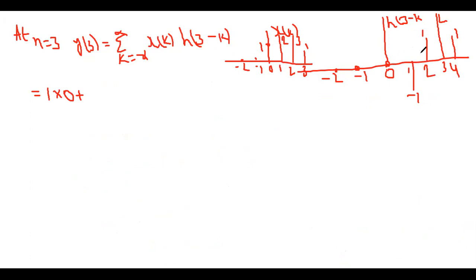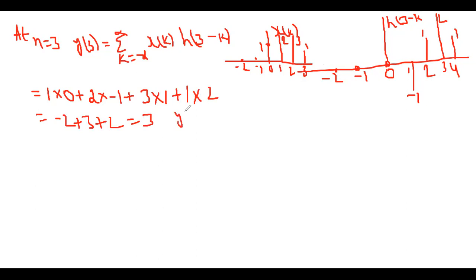And at 1 the x value is a 2 and the h value is a minus 1. Plus at 2 the x value is a 3 and the h value is a 1. 3 into 1 plus, and at 3 the x value is 1 and the h value is 2. Okay. Now it is minus 2, 3 and the 2. The value is a 3. So y of 3 is equal to 3.